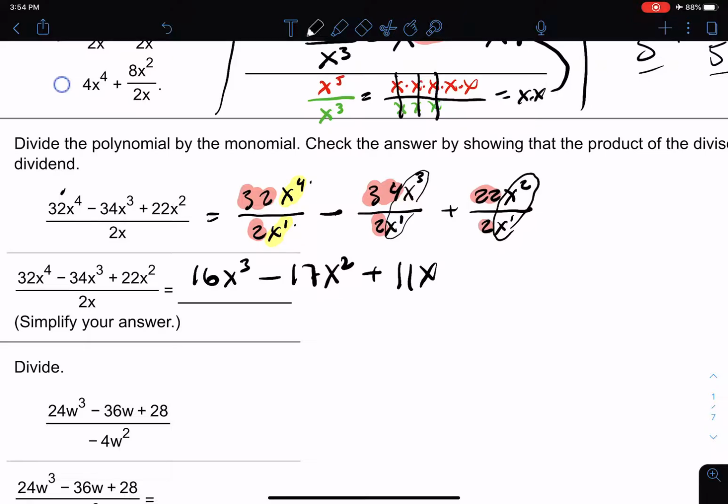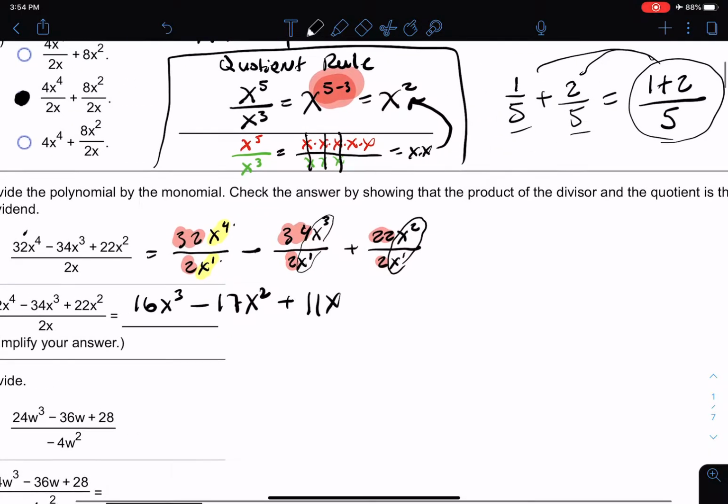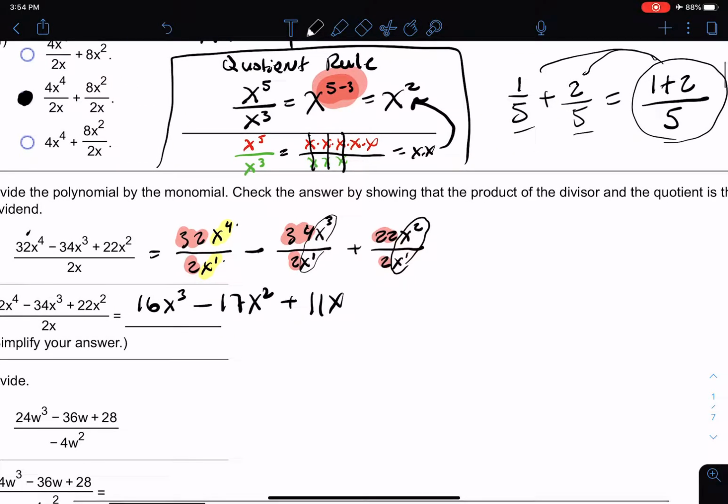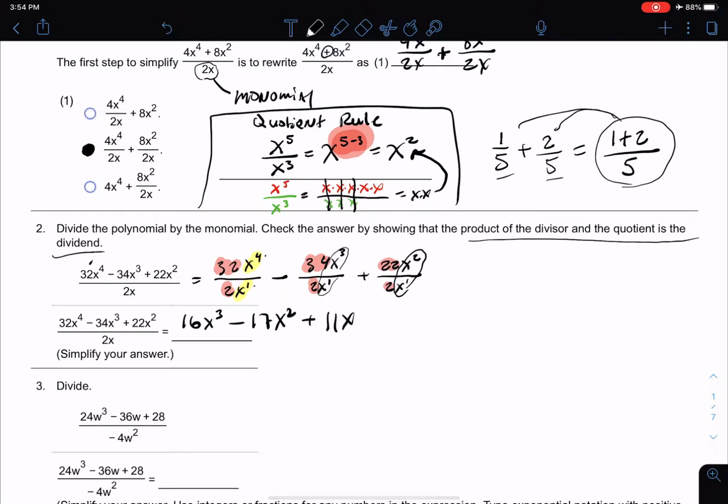I believe they asked us to do a little more. It said, check the answer by showing that the product of the divisor and the quotient is the dividend.